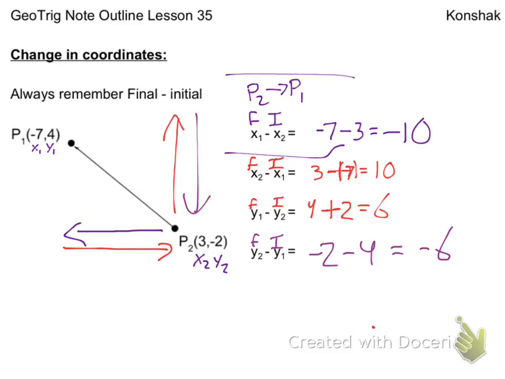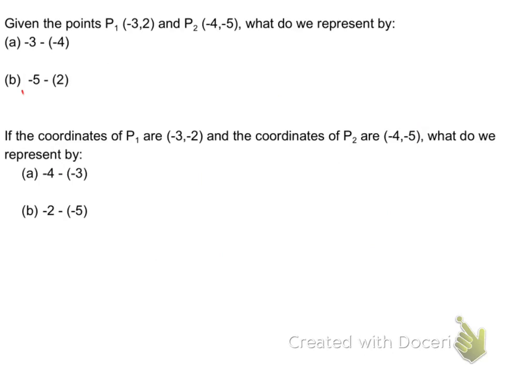So the problems I'm going to ask you now is I'm going to give you these changes. I want you to tell me, is it a change in x or is it a change in y? And are we going from point 1 to point 2 or point 2 to point 1? Can I change? Here we go.